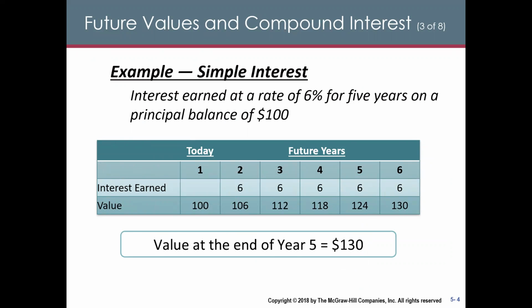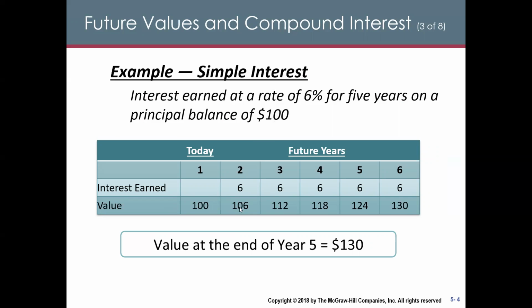Today, okay, is t equals 1 here. We have $100 of the initial investment. For every year after, we are earning 6% of interest, and that is $6. So the total value of the investment is adding the initial value plus the interest.